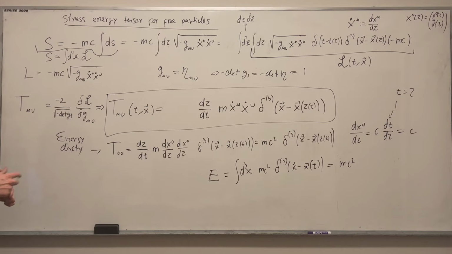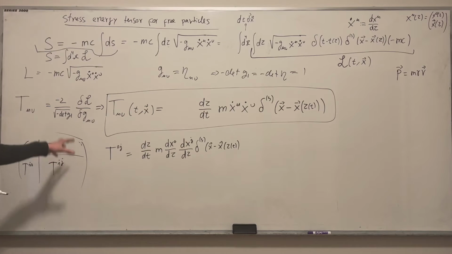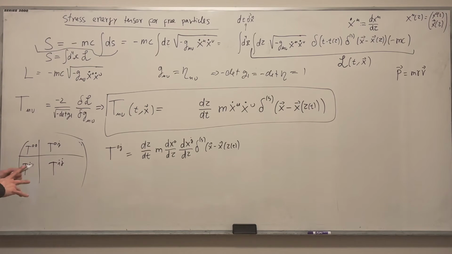All right, nice, that's for the 0,0 component. Let's analyze other components. Let's see what the 0j component gives us. I wrote here the matrix structure of the tensor. So we have the T00, which is the energy density, as we saw. And now we're going to look at what the first row and first column give you. I mean, the tensor is symmetric, so they will give you the same information.